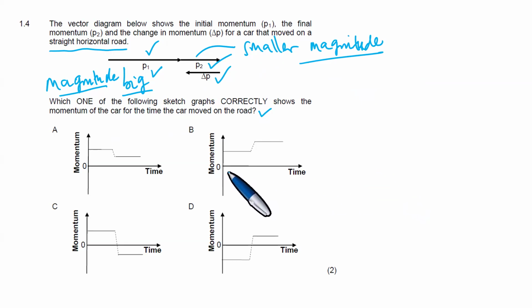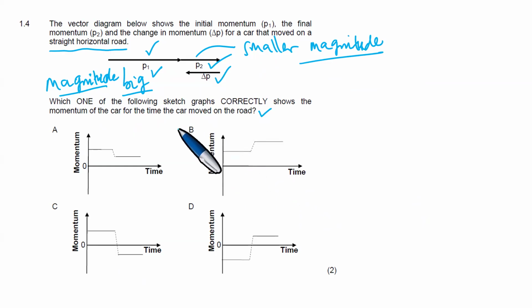So we have the magnitude: momentum P1 is big, the size is big, and momentum P2 has a smaller size.